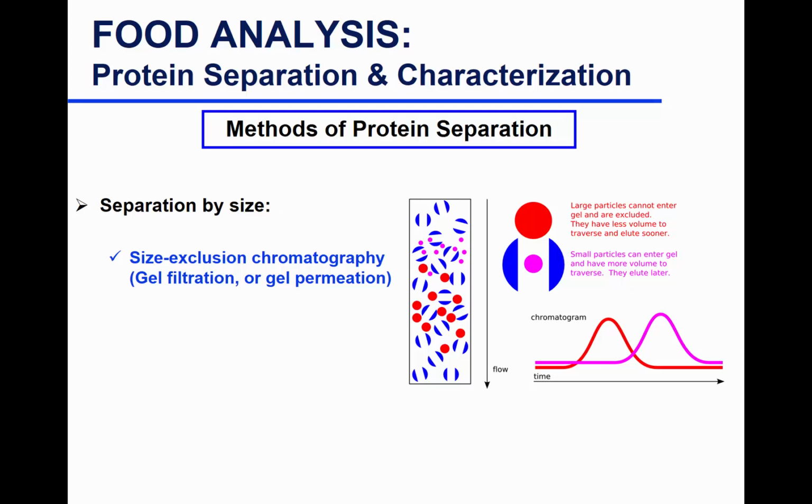Size exclusion chromatography can also be called gel filtration or gel permeation. The three of them mean the same thing, separation based on size. They call it gel here because you are actually forming a gel type of media. When you mix your media with water or buffer, you form sort of a gel.